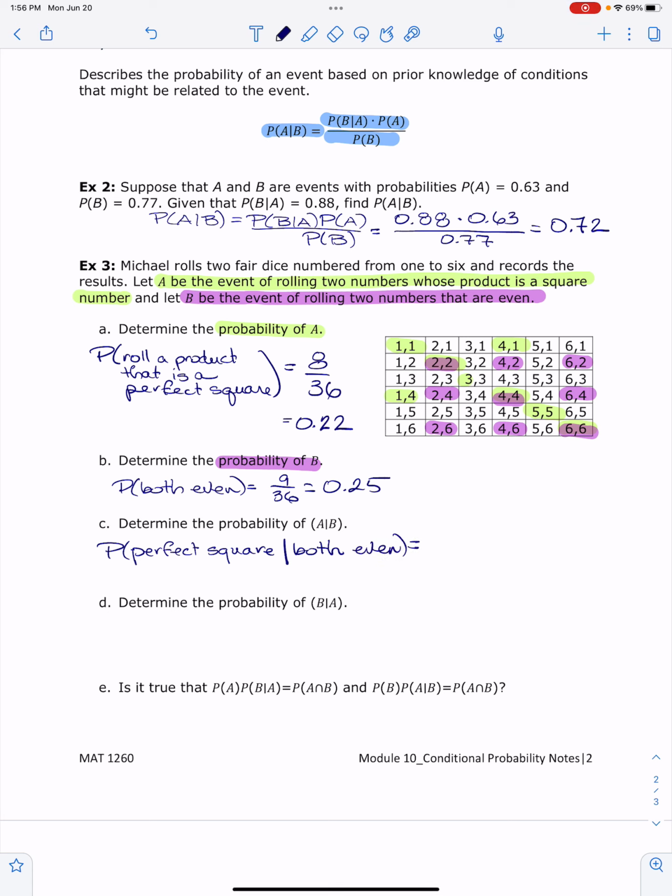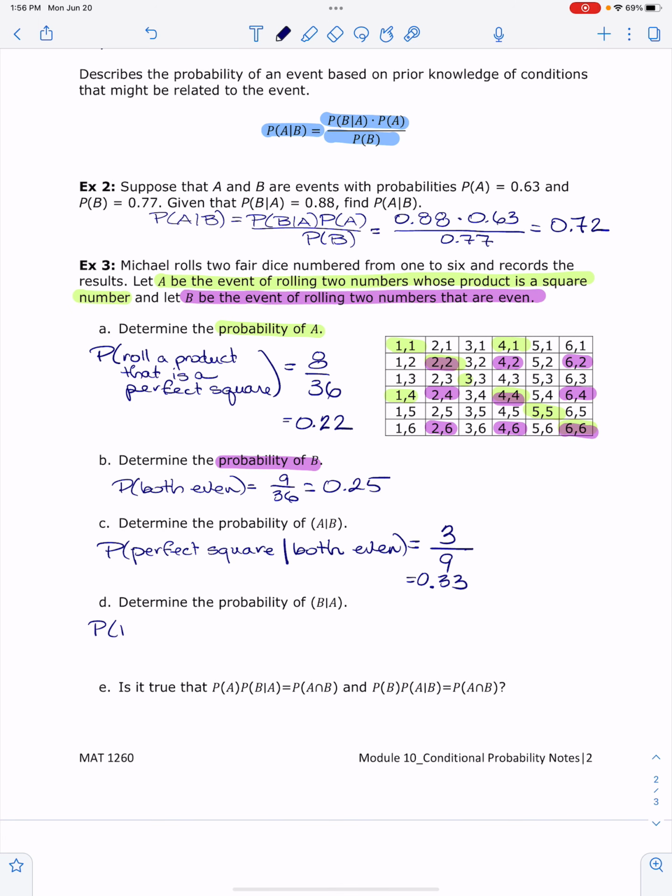So I start with the given part, both even. There were 9 ways to roll two even numbers. Out of those, the 2, 2, 4, 4, and 6, 6 also satisfy A. So 3 out of 9, which gives us a 0.33.